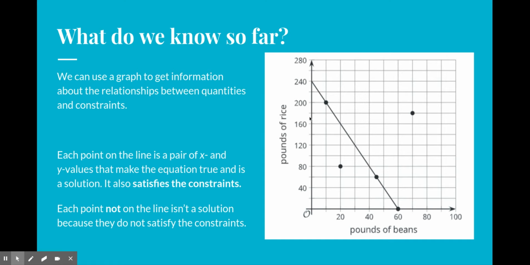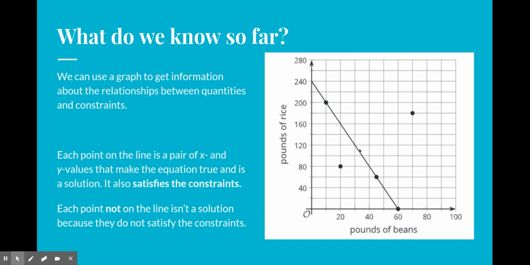And so we talked about how all of the ordered pairs that fall right on this line are true solutions to the equation because they satisfy that constraint of spending $120. So we can see here that we could buy 10 pounds of beans and 200 pounds of rice and spend $120. Or it looks like we could buy about 45 pounds of beans and then 60 pounds of rice and still spend that $120.